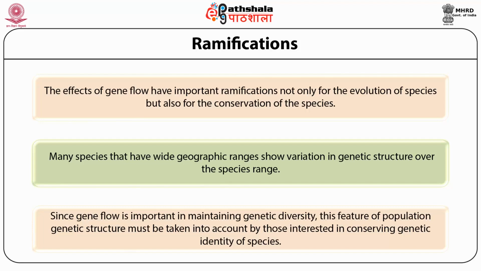Migration, otherwise called gene flow, tends to reduce genetic divergence among populations and increases the effective size of the population. The amount of migration among populations of the same species determines how much genetic substructuring exists and whether different populations of the same species become very different from each other genetically.